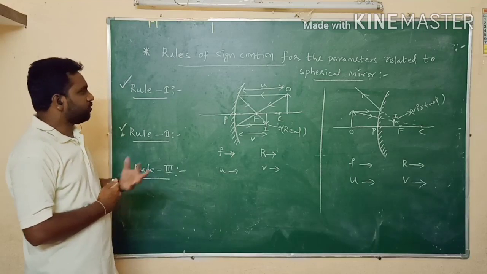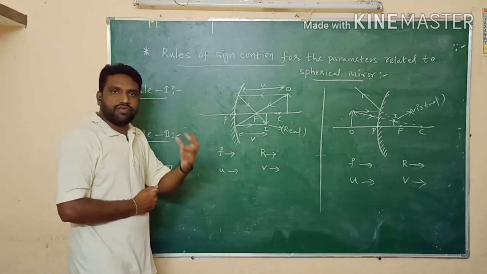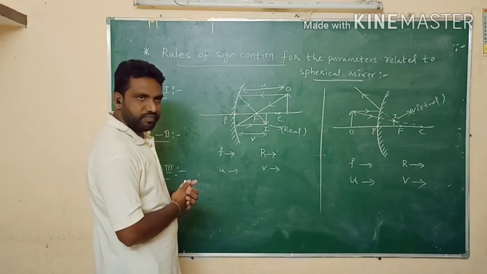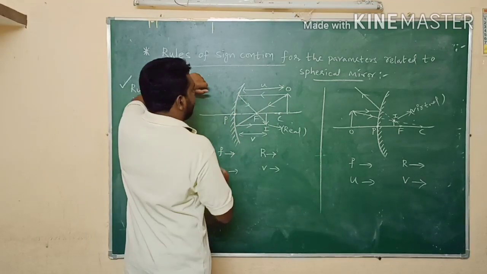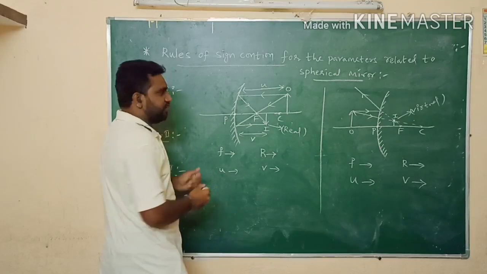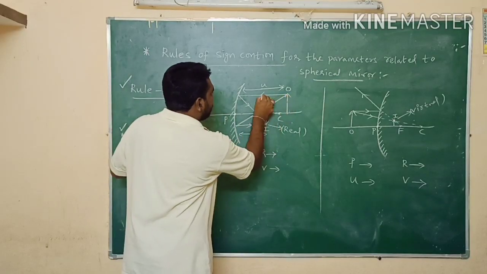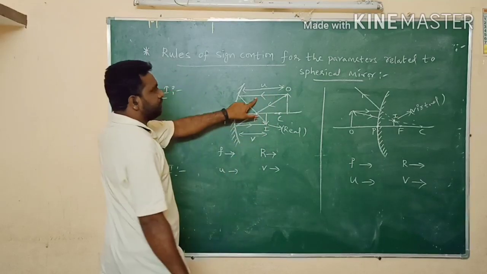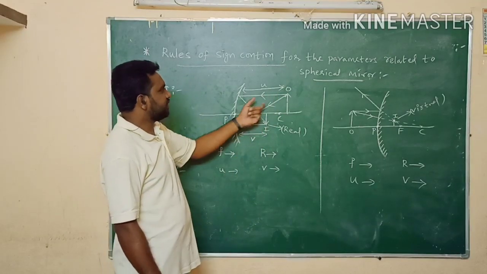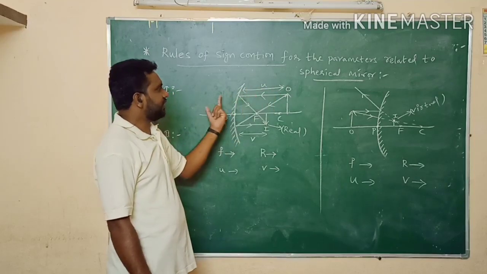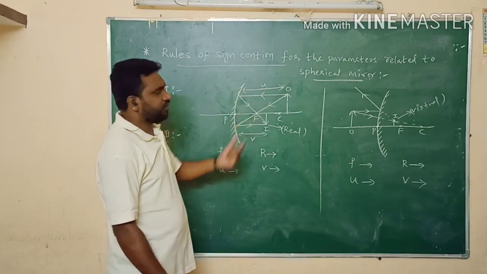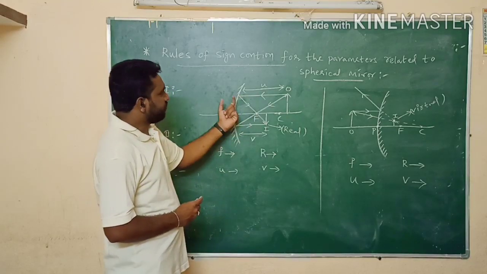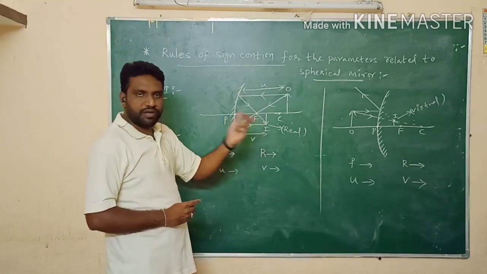Rule 2. If we measure any distance along the direction of the incident ray, in this diagram this straight line represents the incident ray, then that will be considered positive.